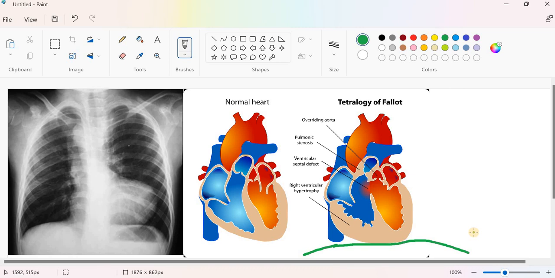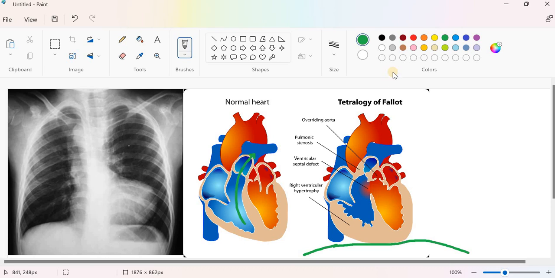ventricular enlargement. So now, usually what is happening in the normal situation, the right ventricle is pushing the blood through the pulmonary valve to the pulmonary artery, and it should be a smooth process, no problem in it.